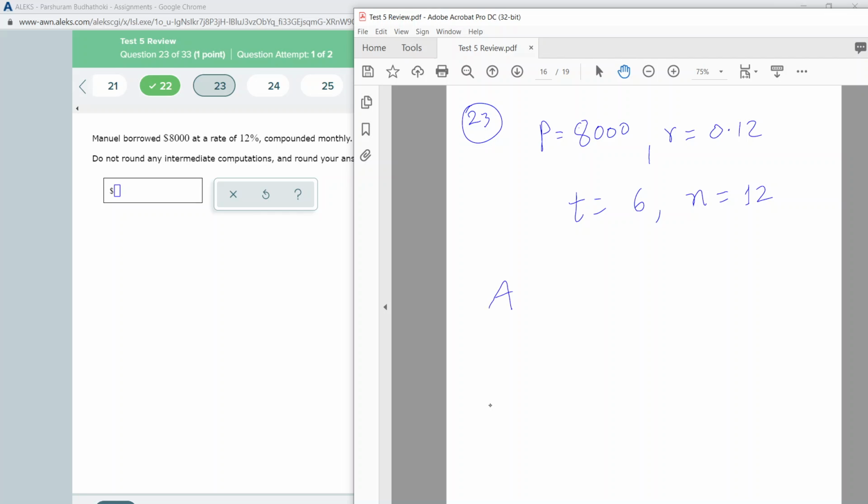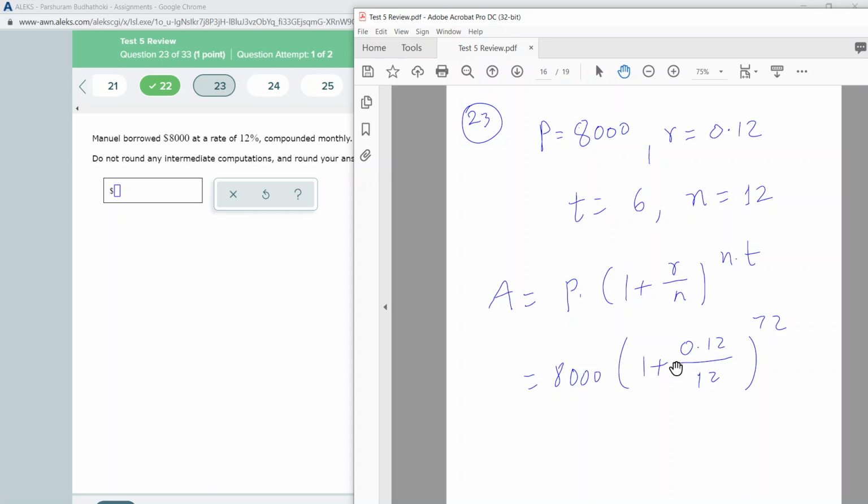So how much Manuel has to pay back? That is P times (1 plus r over n) to the power n times t. So that is 8,000 times (1 plus 0.12 divided by 12) to the power n times t, 12 times 6, which is 72.